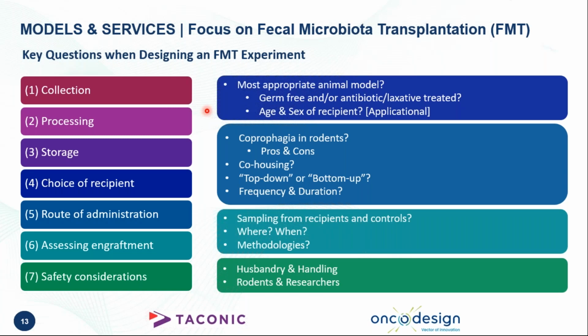Then, as Sylvie also mentioned, and what I alluded to, after deciding upon the donor and or recipient animal model, how are we going to administer the fecal matter? In rodents, as quite a lot of us are familiar with, the primary route of microbiota transfer within co-housed rodents is typically the oral ingestion of fecal pellets due to coprophagia. And a lot of researchers would think, okay, co-housing is a relatively simple method of transferring microbiota.